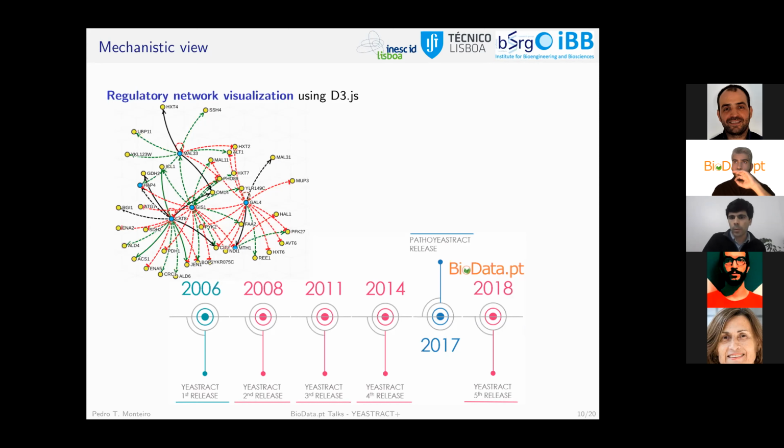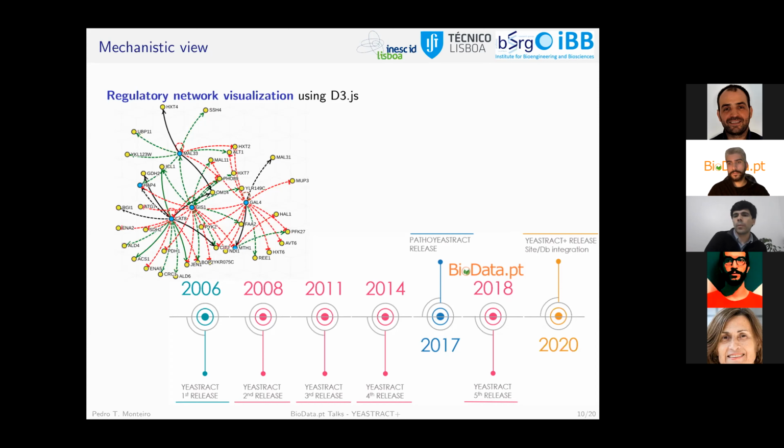So, with the support from BioData, this year, mainly with the work from last year, we did the YEASTRACT+ release, where we integrated everything. PathoYeastract, YEASTRACT, and also non-conventional yeasts were integrated.